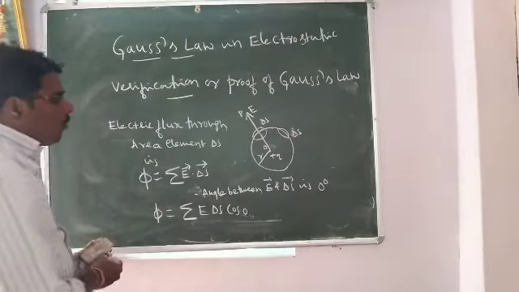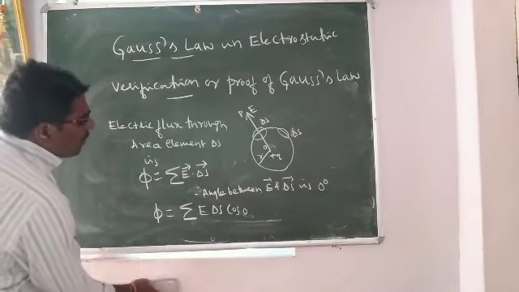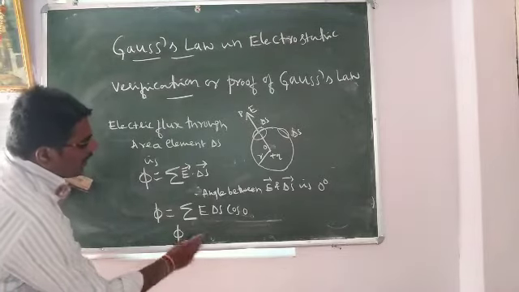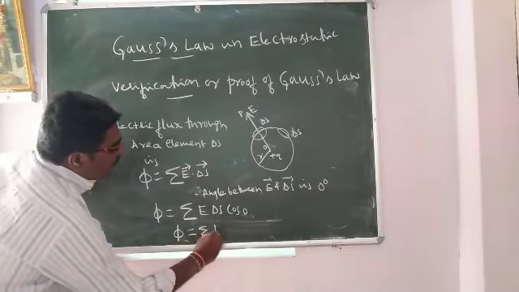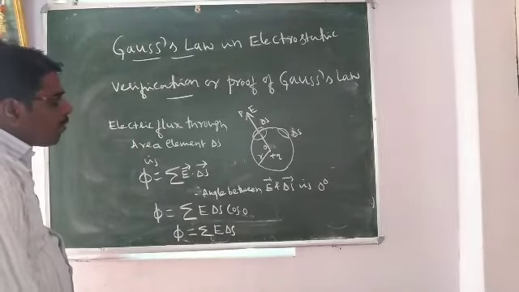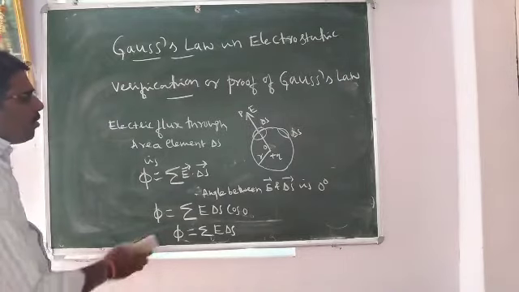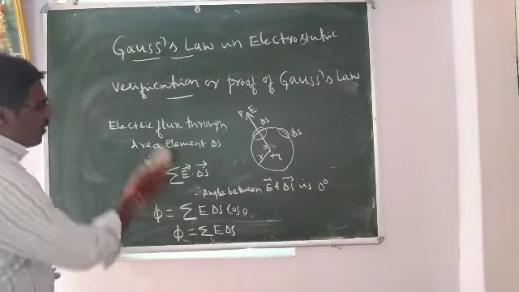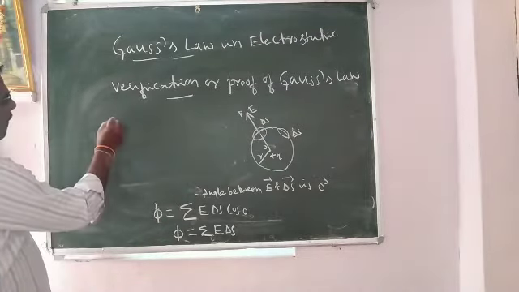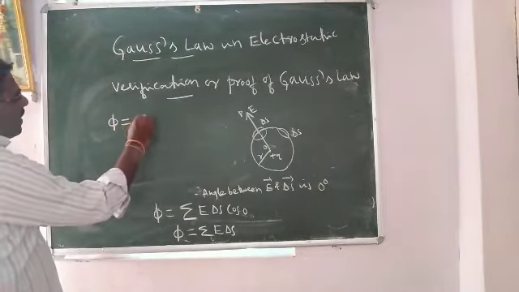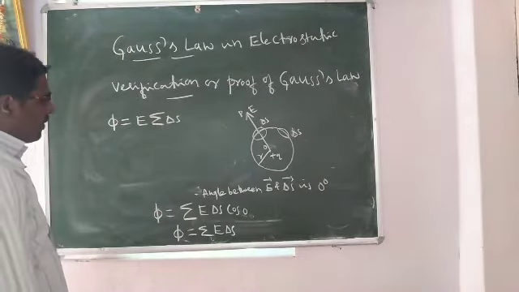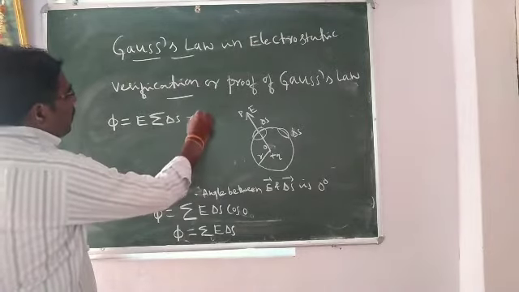Cos 0 is 1, so the flux through the area element is given by phi equal to E into delta S, where E is taken out of the summation. It is the summation of delta S. This is equation 1.